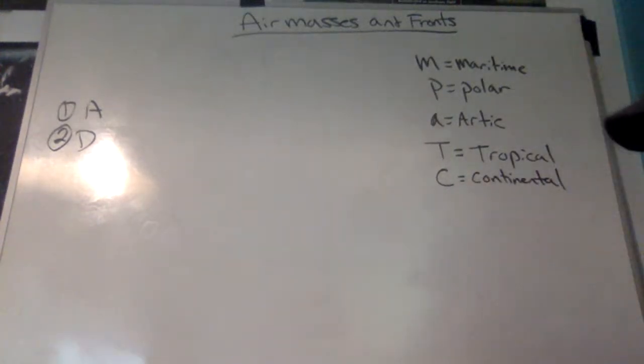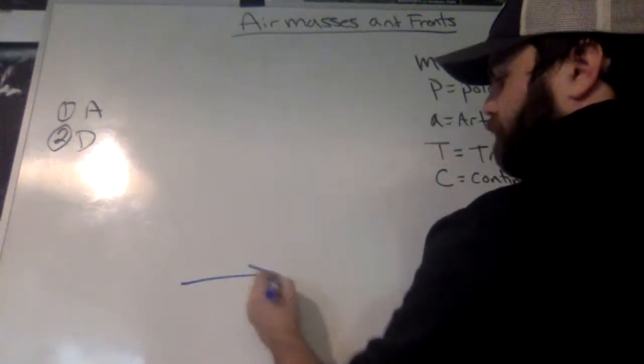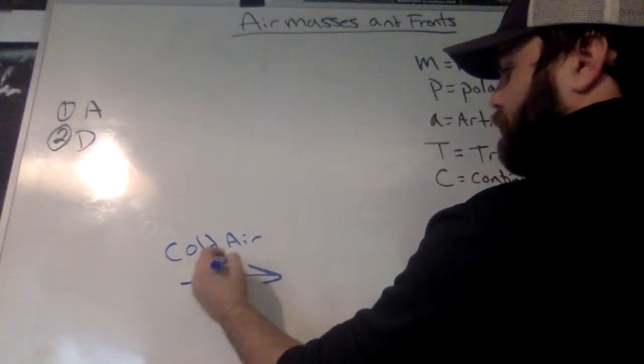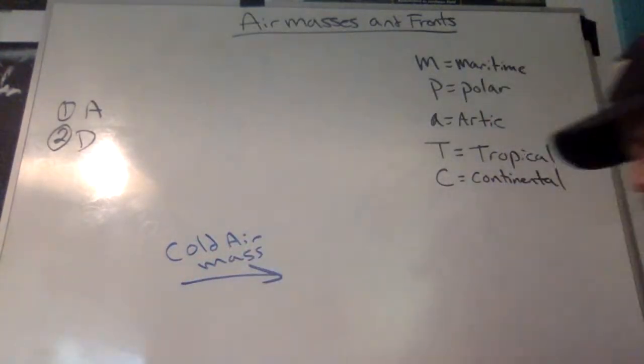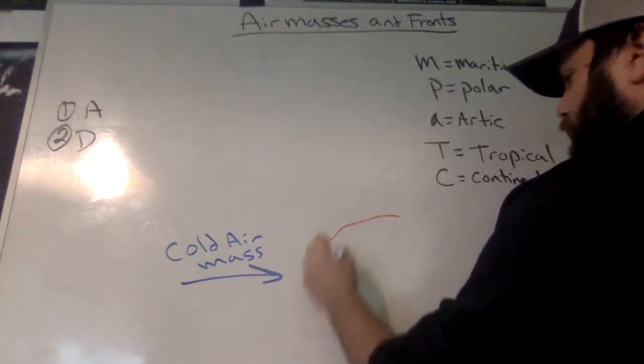Number three: why do clouds usually form at the leading edge of a cold air mass? Let's say we've got a cold air mass, and a warm air mass over here.